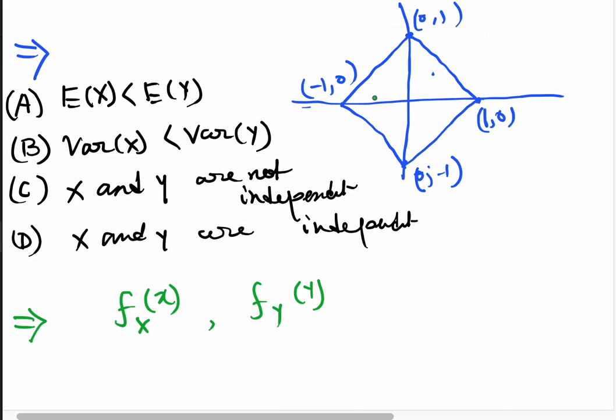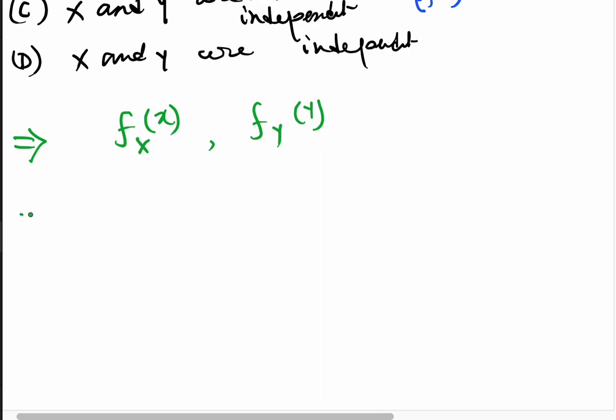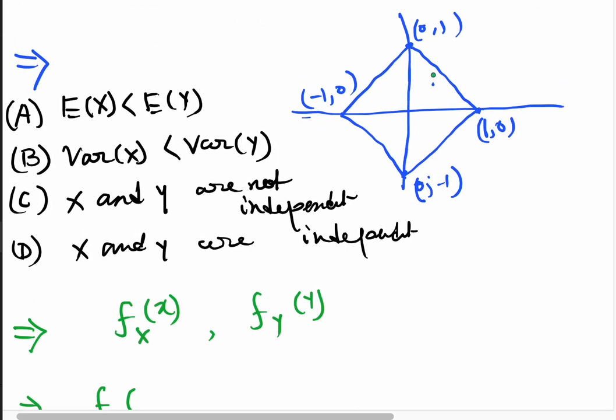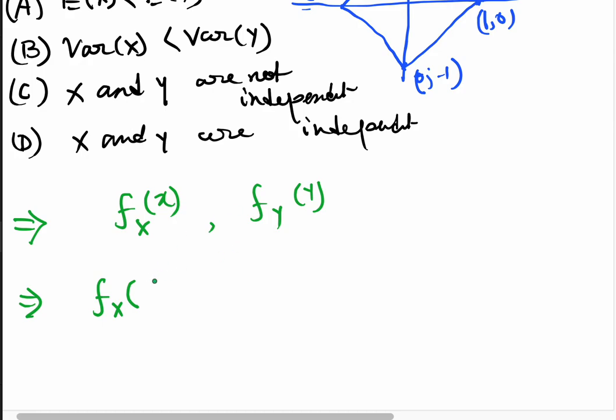You see this region is a very interesting region, so we have to do the integration very carefully, because the integration limits are not straightforward here. So for x, we have to integrate dy.